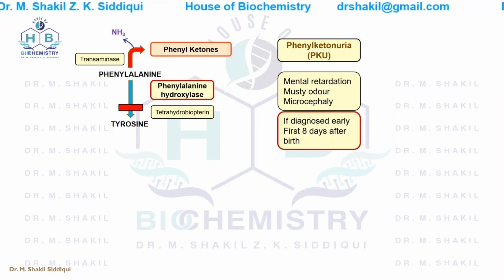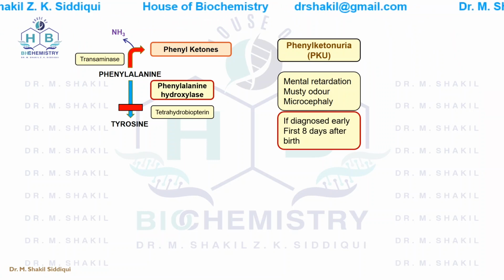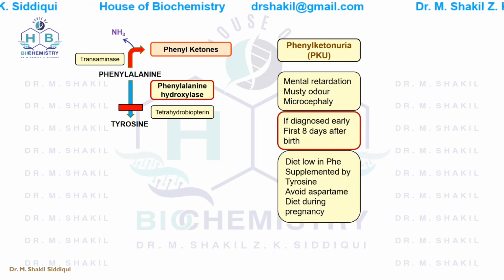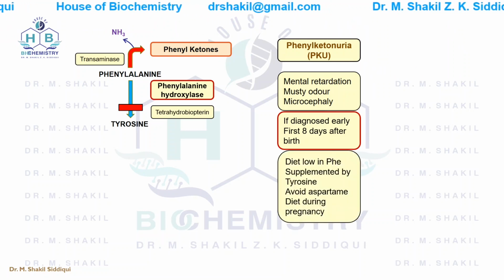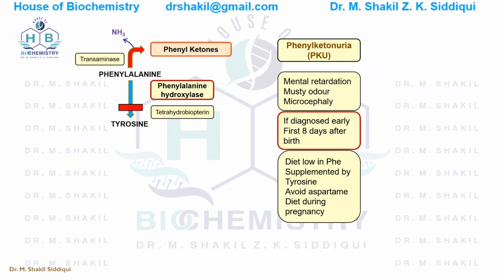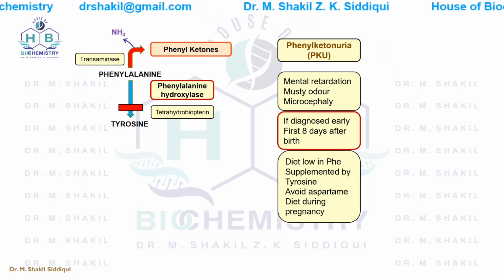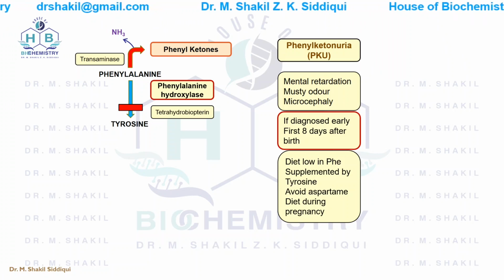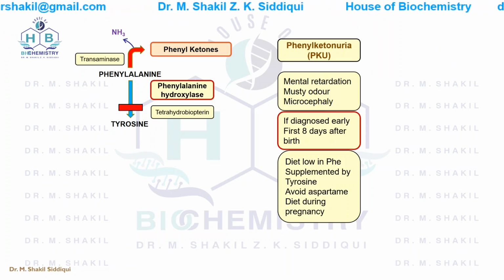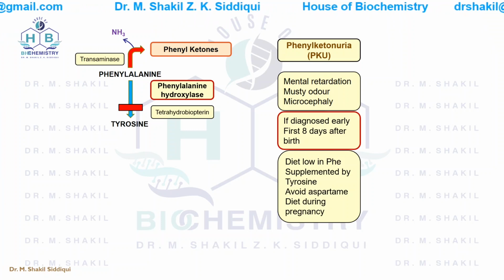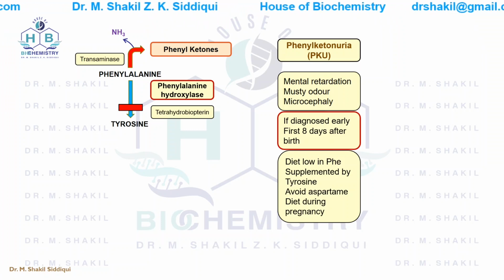Now, apart from this diet, the patient is also advised a diet supplemented with tyrosine, because now tyrosine, a non-essential amino acid, becomes essential. So the diet must be supplemented with tyrosine.